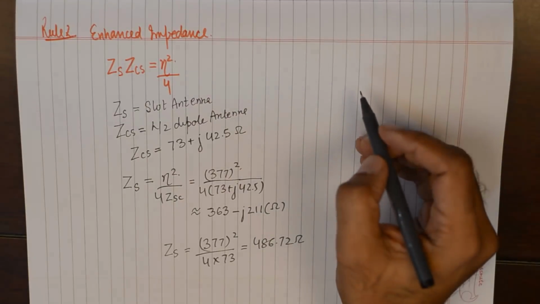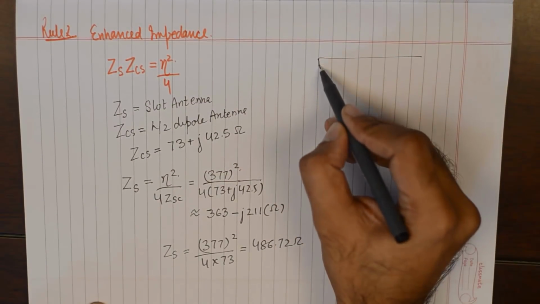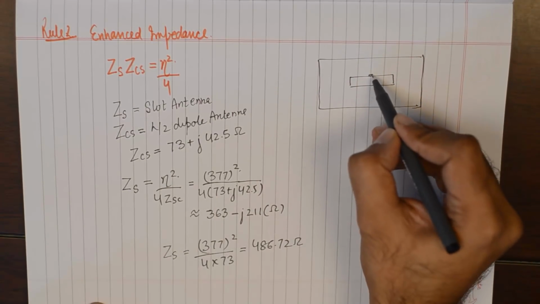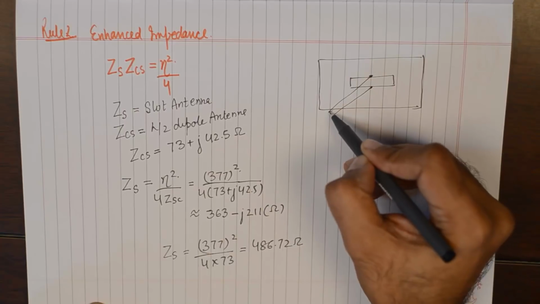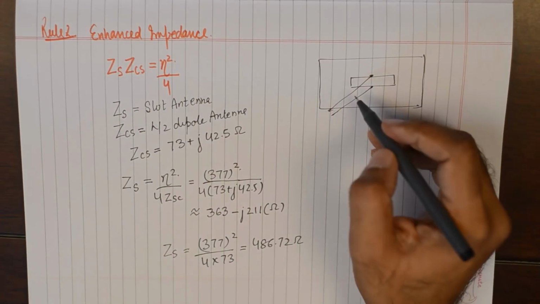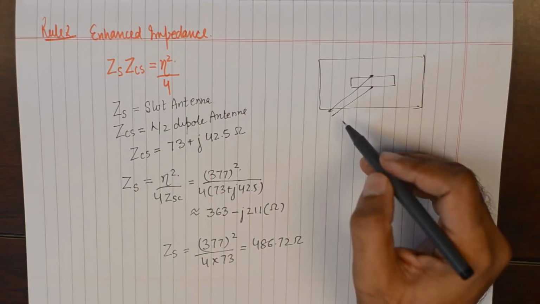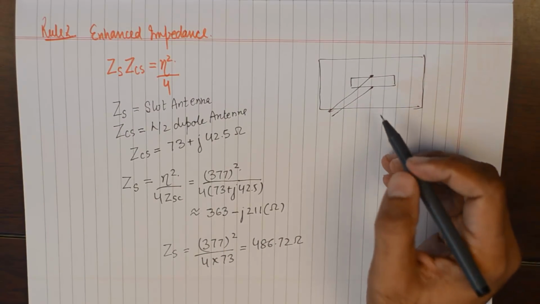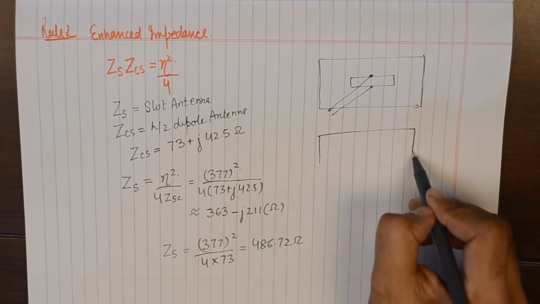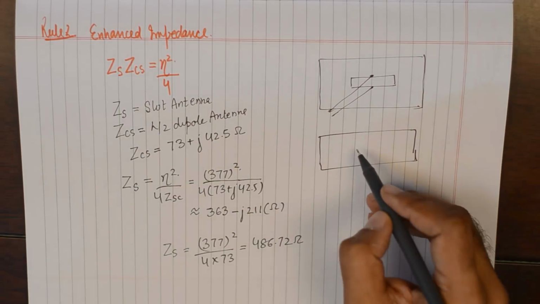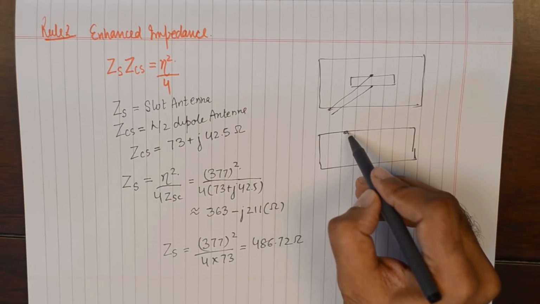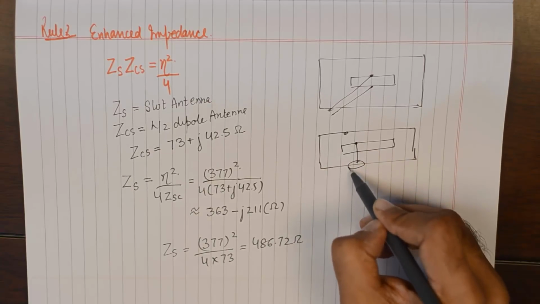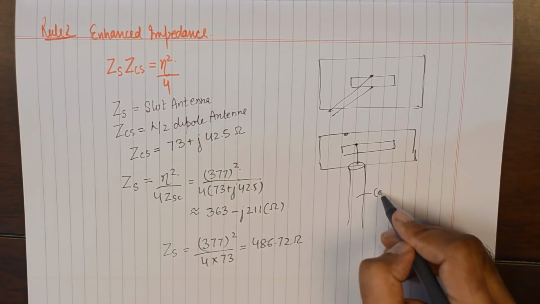The slot antenna can be fed through a transmission wire arrangement, a parallel wire transmission line, and it can also be fed through a coaxial cable.